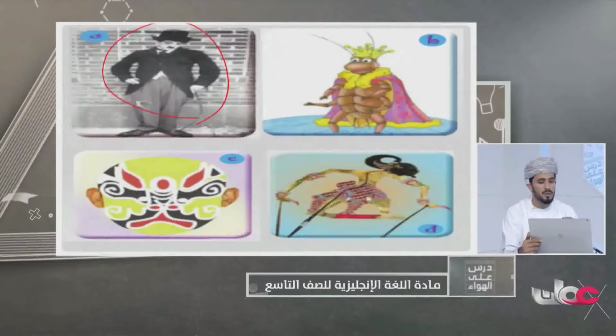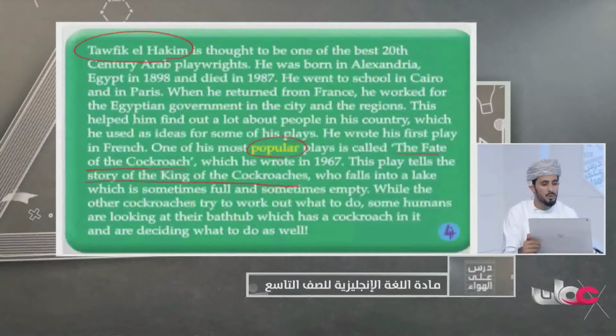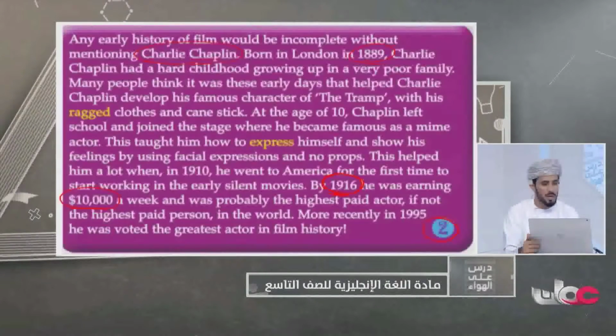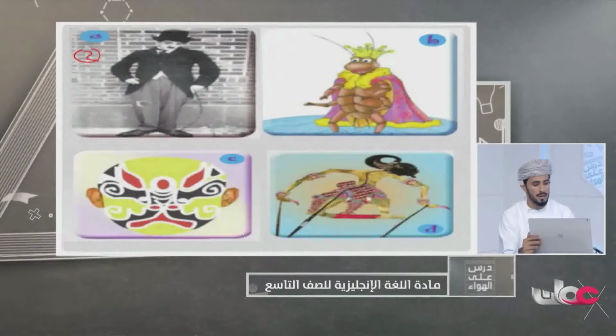Who can tell me who is this? This is Charlie Chaplin. So number A would go for, which one is talking about Charlie Chaplin? Number 2. So number A would go for number 2. And number B, the cockroach.